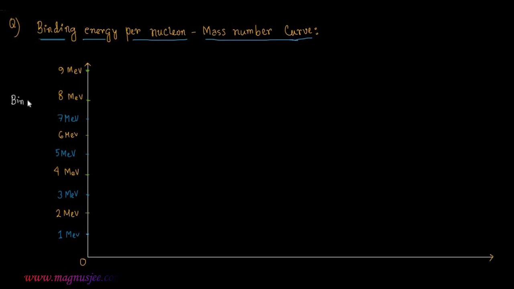So along this vertical axis we are plotting the binding energy of a nucleus per nucleon.